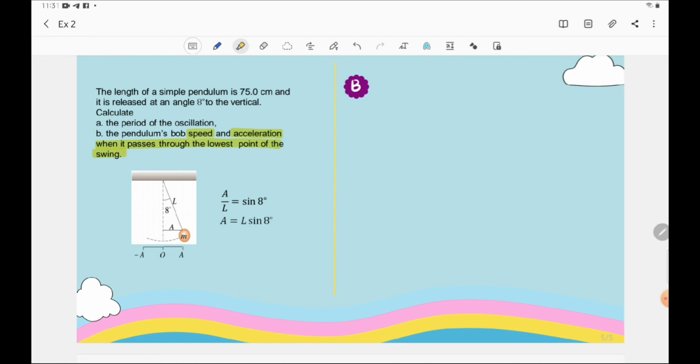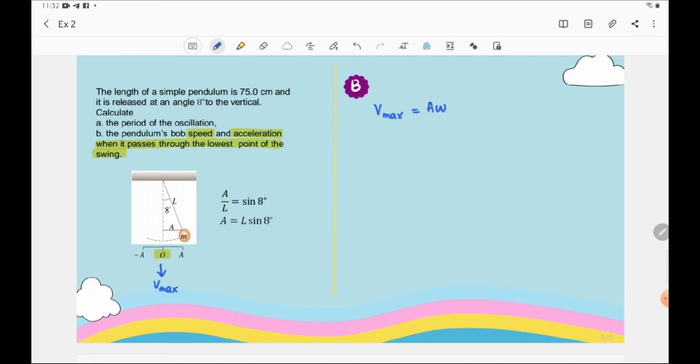The lowest point means the equilibrium position O. So here, to calculate the bob speed and acceleration, we know that at the lowest point, v is maximum, v maximum, because kinetic energy is maximum at the lowest point or at equilibrium position. So we are going to use this equation, v max is equal to A omega.